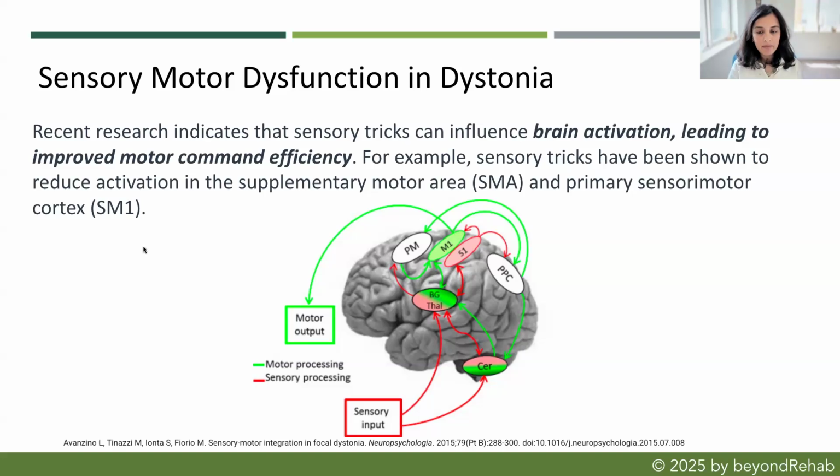Many of you have noted that you have a certain sensory trick which works and really helps you optimize your movement and better perform the motor output. That tells us more about how sensory tricks work, how they activate different parts of the brain, and how we can use them for neuro training purposes.